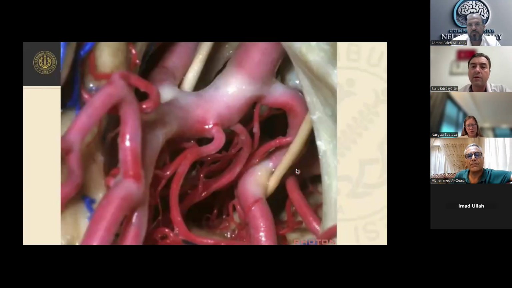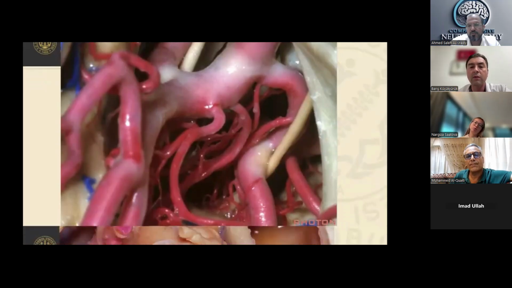But sometimes, since the third nerve is somewhat squeezed where it enters the skull base, we may need to open it to mobilize this nerve to see the structures located deeper inside.